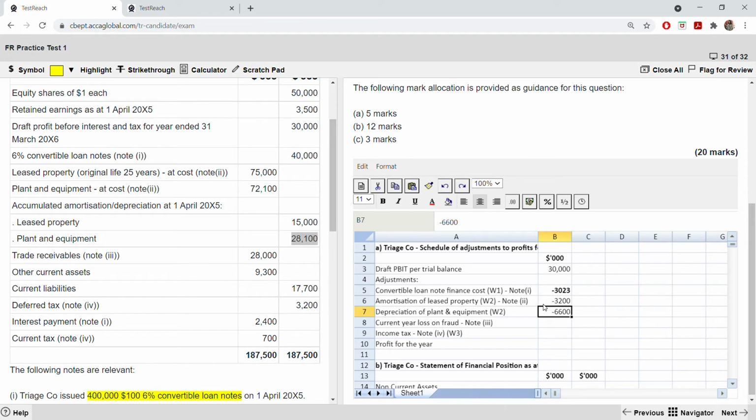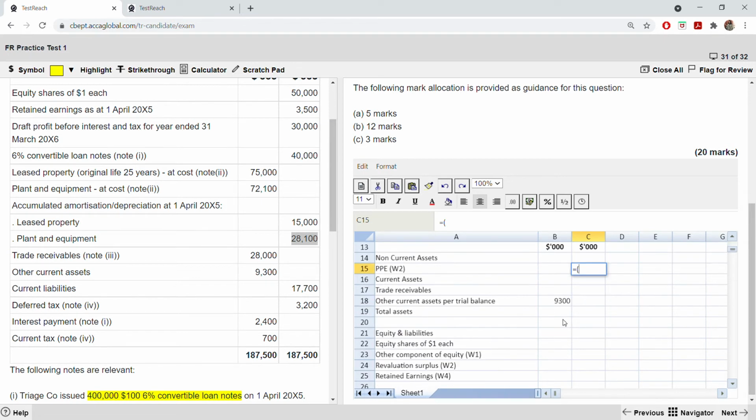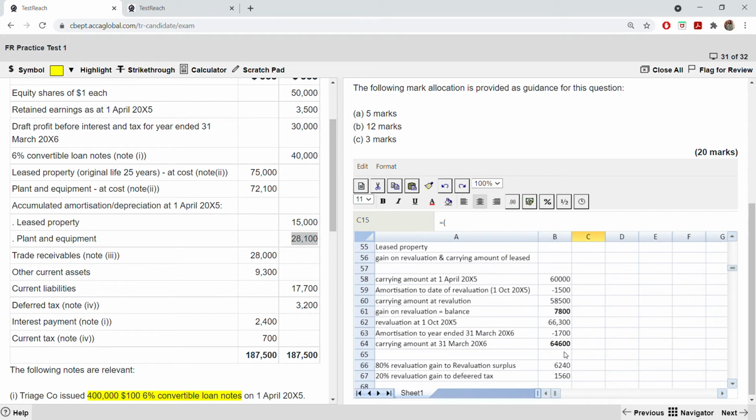Next, property, plant and equipment. Balance sheet, working 2. So here you just need to add equal to this 64,600.